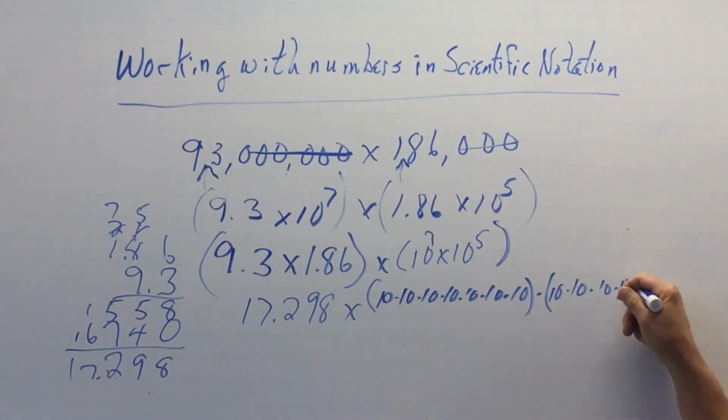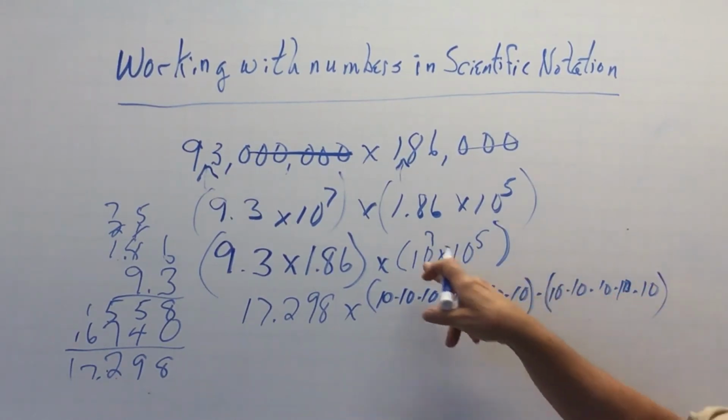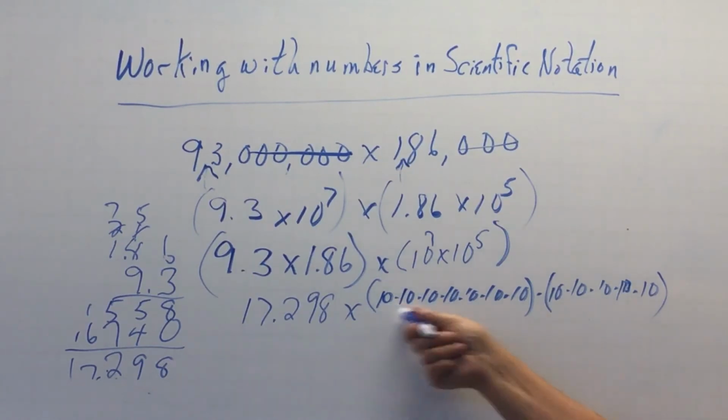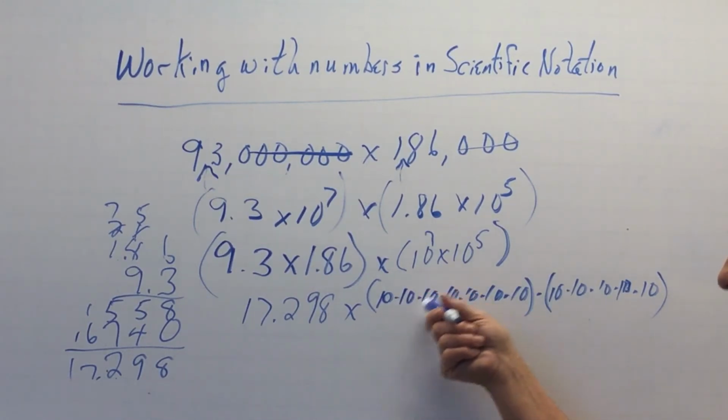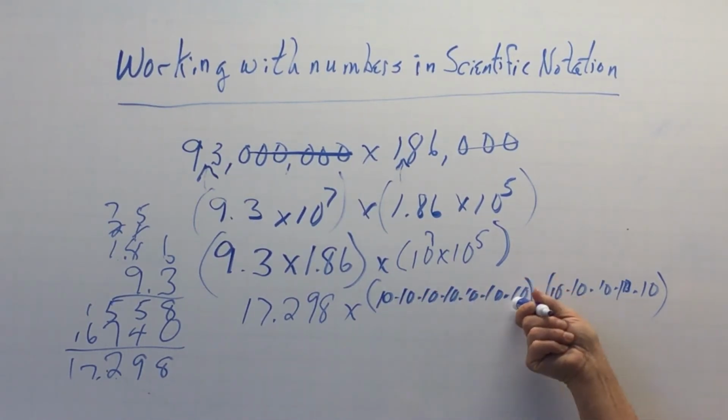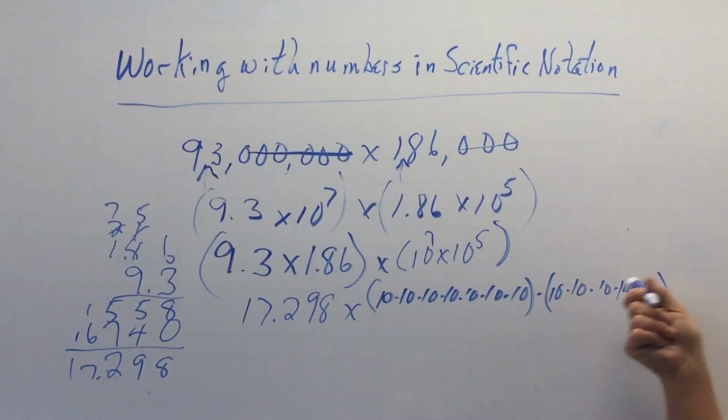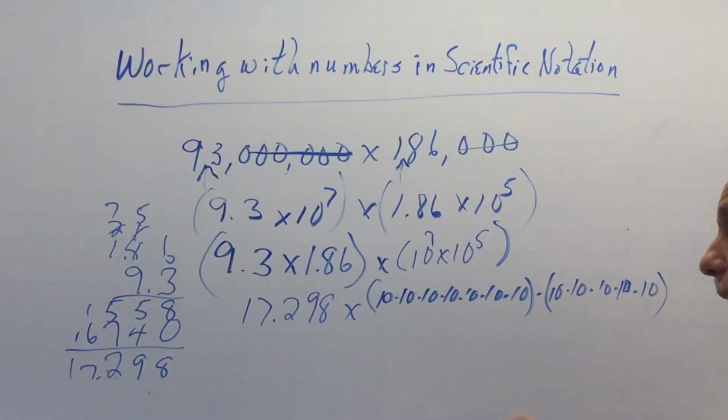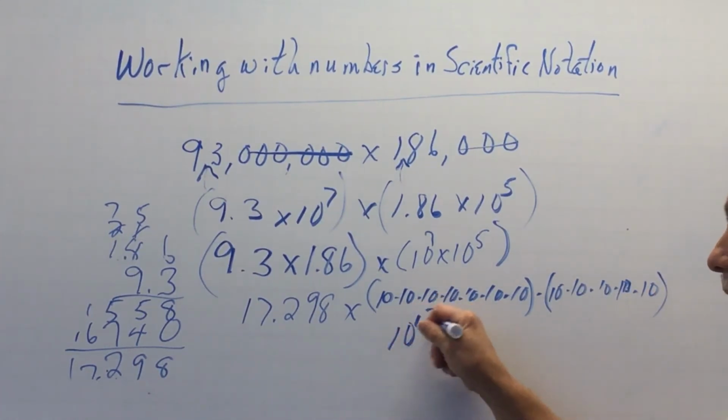How many tens? 5. That's what this means. So I have 7 tens times 5 tens. So what power of 10 would that be? It would be 10 to the 12th power.